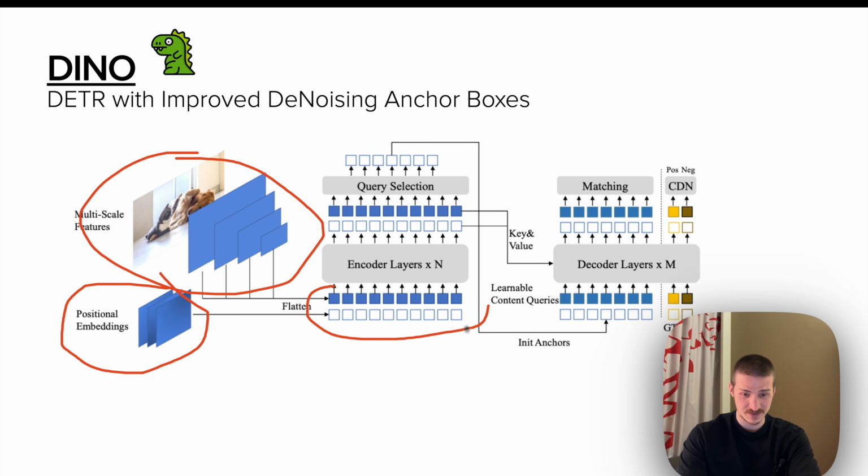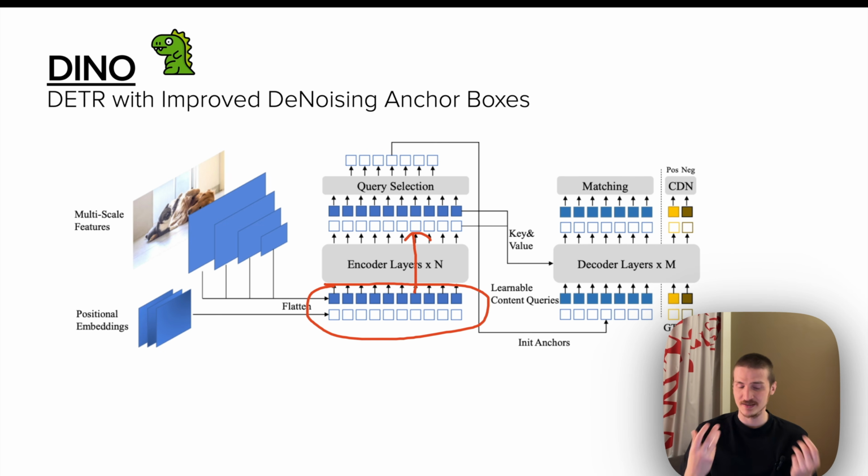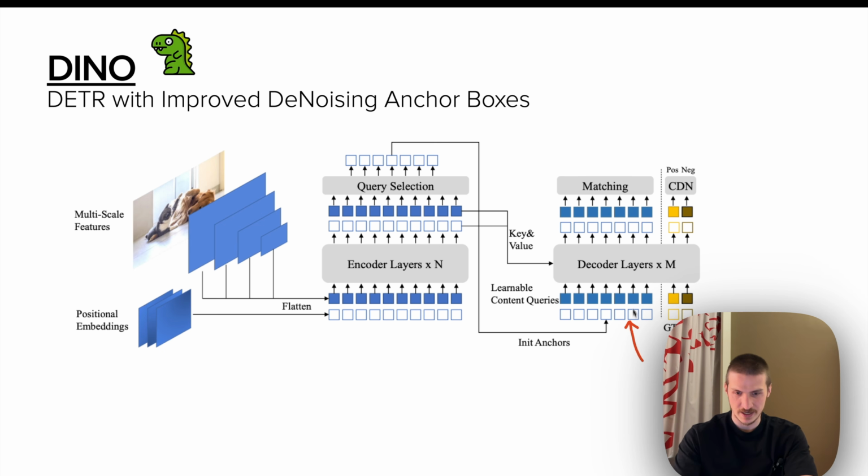So all of that gets flattened out, then passed through the transformer encoder, which is basically just refining the inner representation of the image to understand better what that is. And then we have the decoder. So the decoder receives this side input from the encoder as information, and then something from the bottom as query inputs. And the output of that is the actual predictions for what is there in the picture.